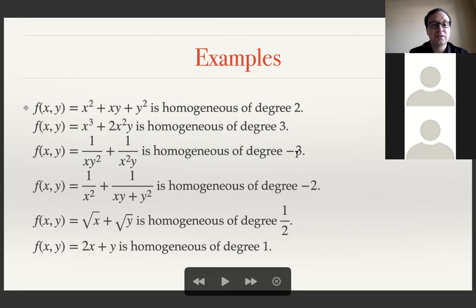This one has degree -3 because in the first term, x is to the power -1 and y is to the power -2, so the total power is -3, and likewise in the other term. The next one, 1/x² plus 1/xy plus y squared, is also a rational function. Again, it's not a polynomial, and again, it is homogeneous of degree -2.